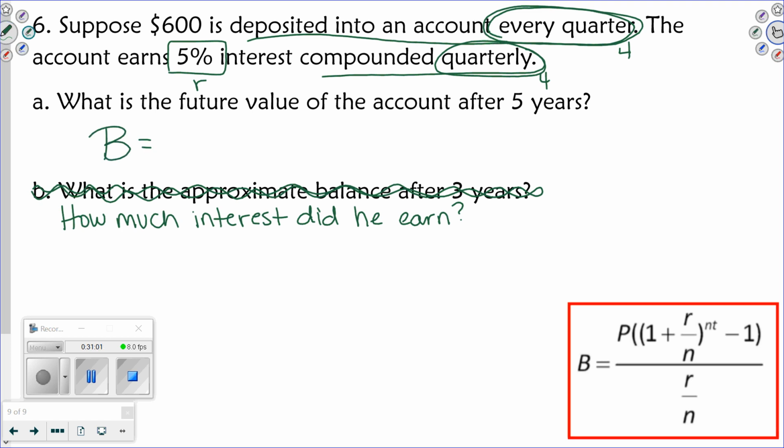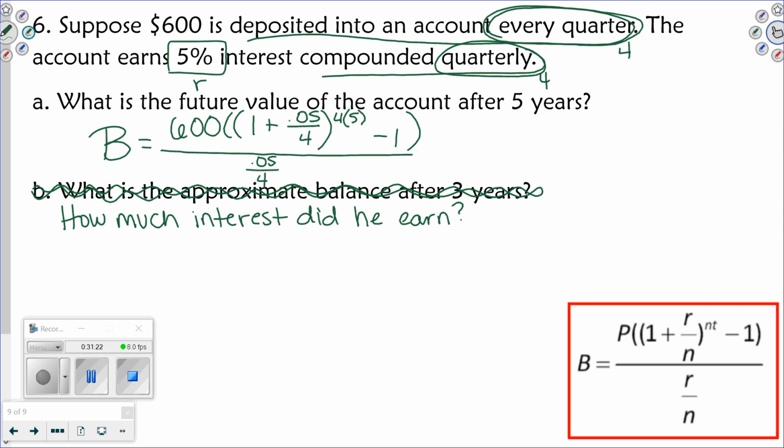So B equals 600, 2 parentheses, 1 plus 0.05 over 4, close parenthesis, 4 times 5 is my exponent, minus 1, close parenthesis, on the bottom, 0.05 over 4. And that is a beautiful, fun thing to type into my calculator.